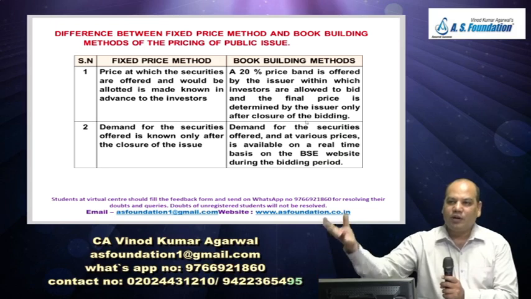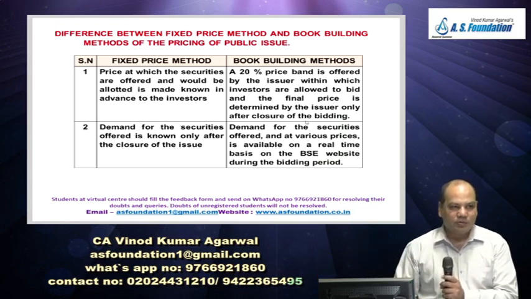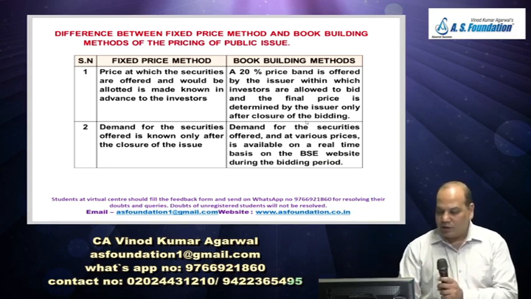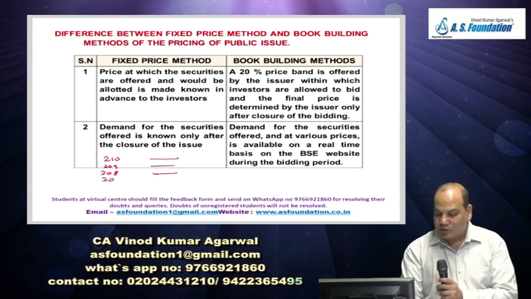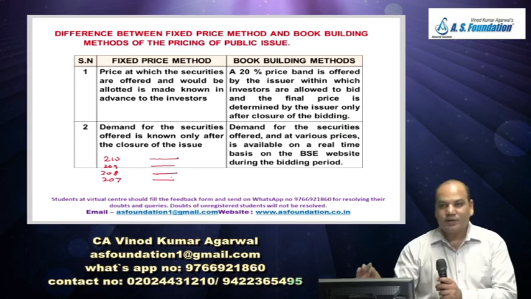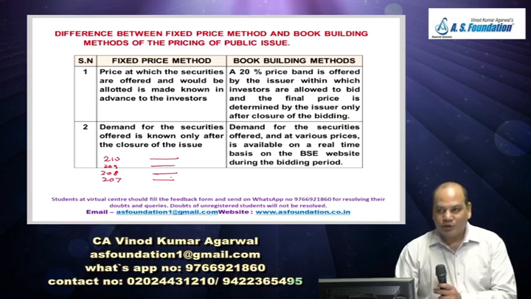So first they will collect all the applications and make a list of, suppose 210, how many shares were applied, 209, how many shares were applied, 208, how many shares were applied. This way they will make a summary of number of shares applied at different prices.